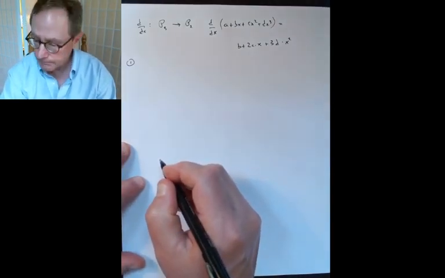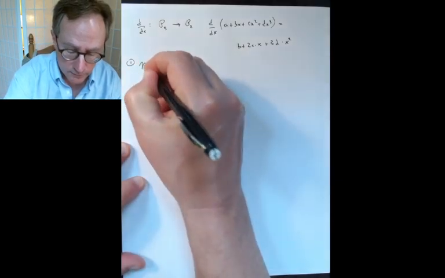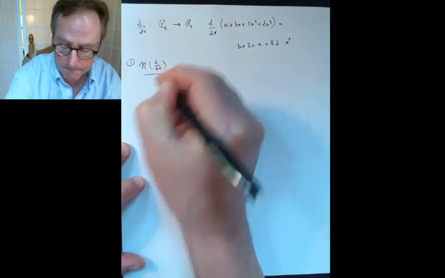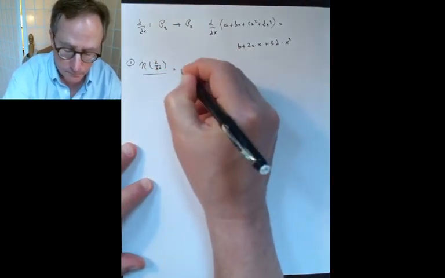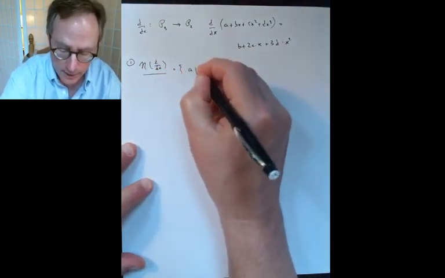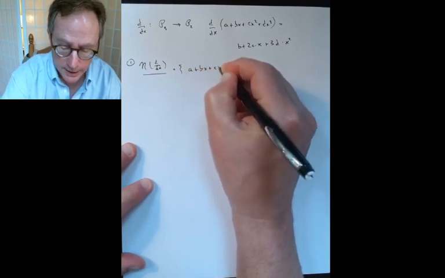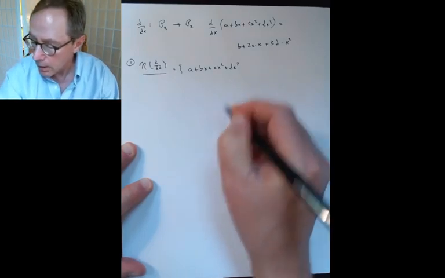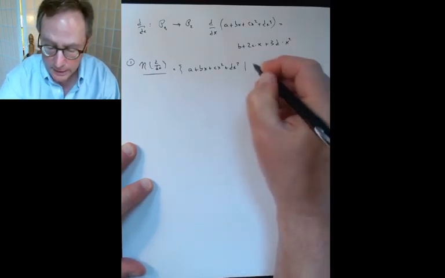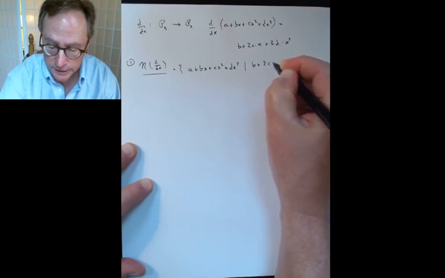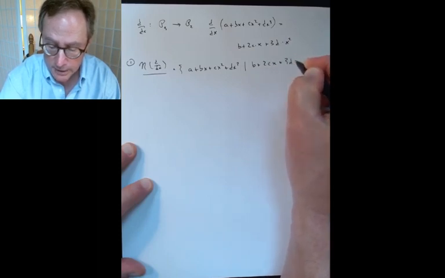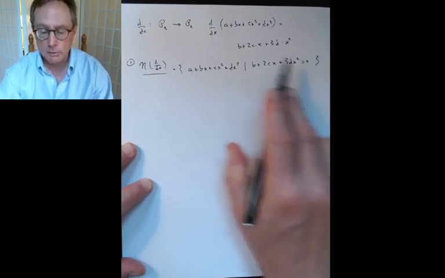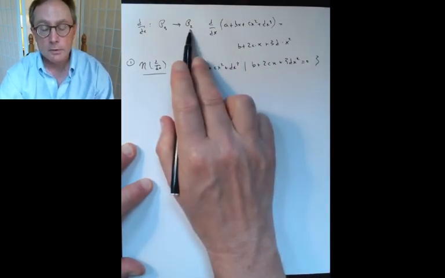The null space is the kind of stuff we've done lots of times before. The null space of the d/dx map is the set of a plus bx plus cx squared plus dx cubed where b plus 2cx plus 3dx squared is 0, and that's, of course, the 0 polynomial in poly 2.